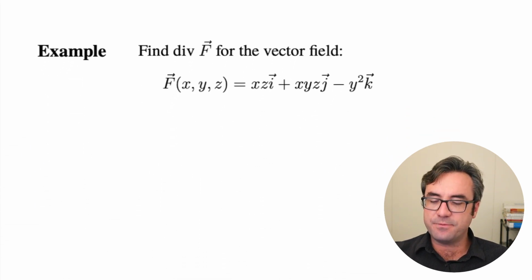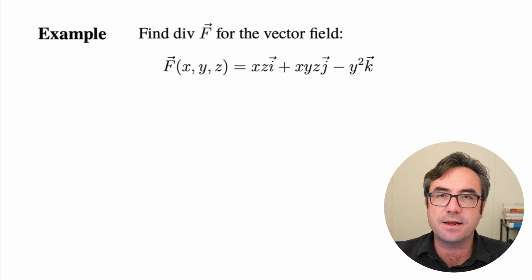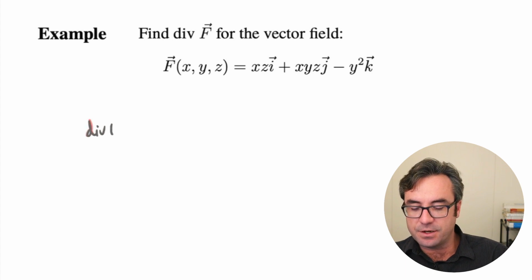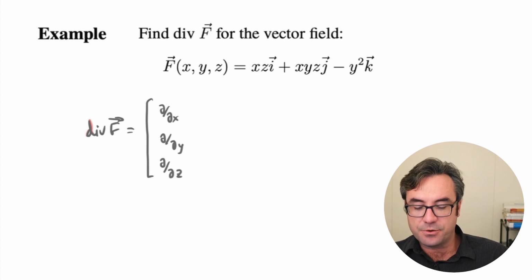So same vector field that we looked at in the curl example. Now let's just do the divergence. So when we do this, we're going to calculate the divergence of our vector field F. And again, the way to remember this, it's going to be a dot product. So we put our x partial in the first spot, our y partial in the second spot, and our z partial in the third spot.